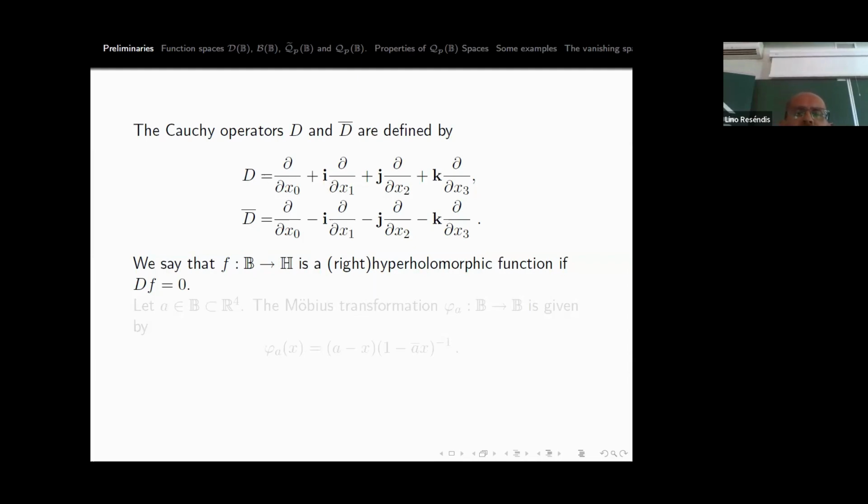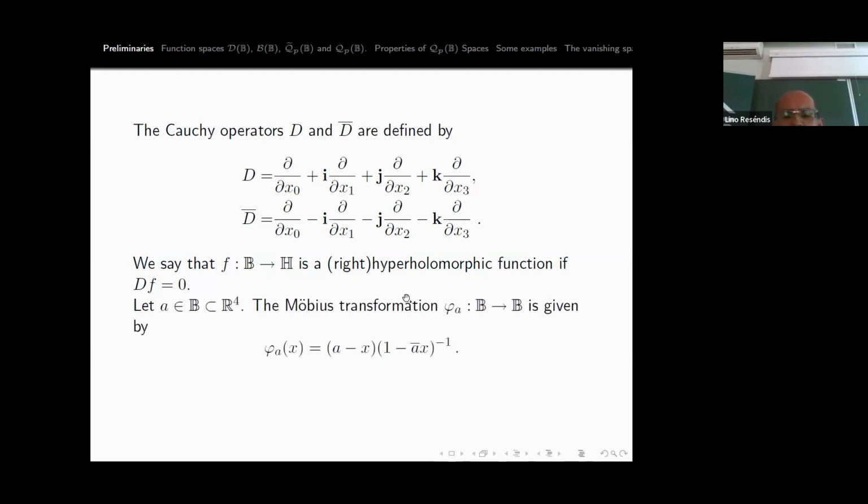If we consider a function defined from the unit ball to the quaternions, we say that f is a right hyperholomorphic function if the action of D from the right on f is equal to 0.